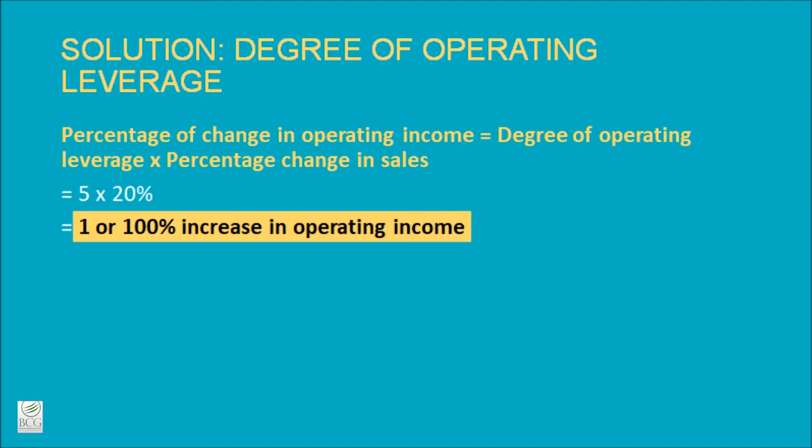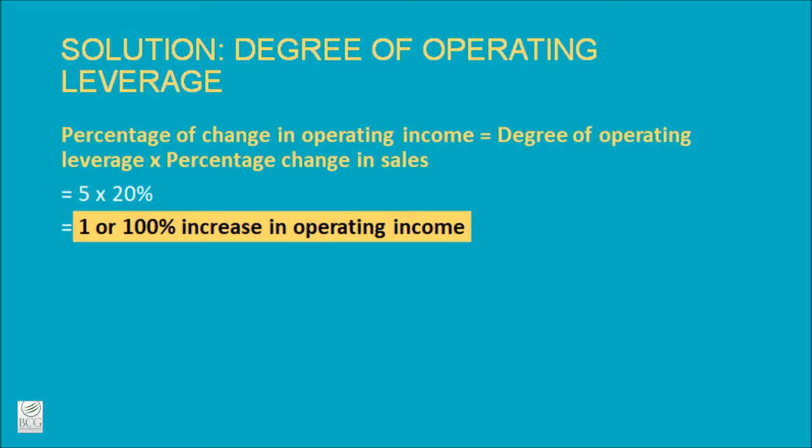What does this figure tell us? When sales change and we want to calculate the change in operating income, the DOL, or the degree of operating leverage, will be very useful. Let's just get the percentage change in sales and multiply it by the degree of operating leverage, because the degree of operating leverage tells us how income changes with respect to changes in sales.